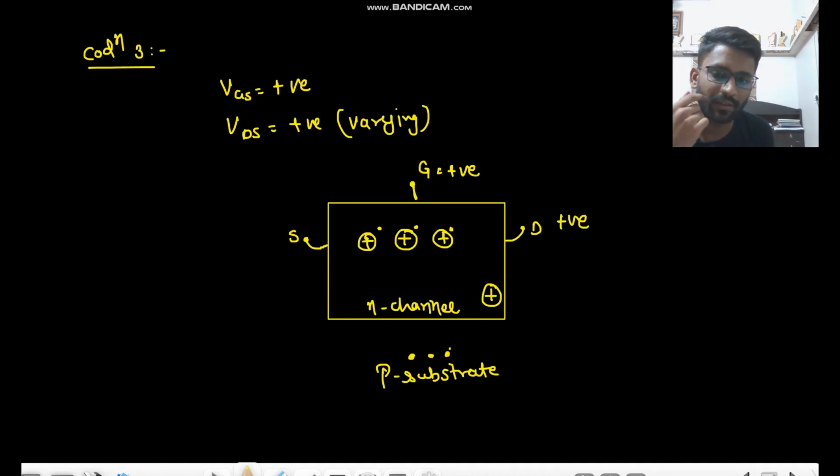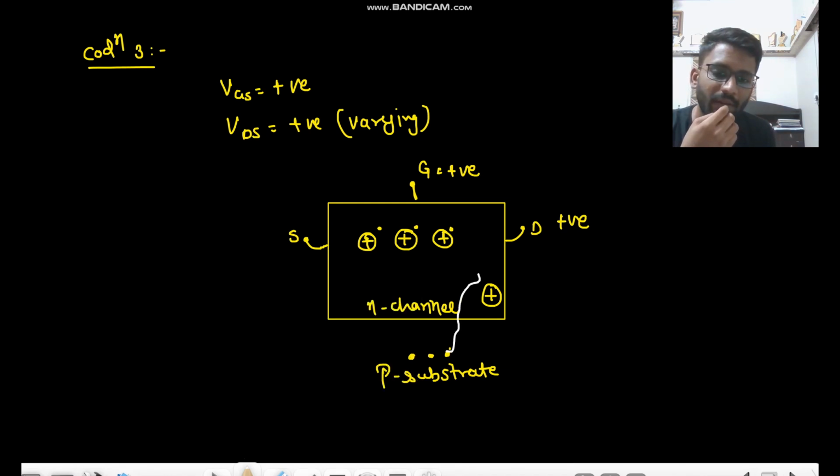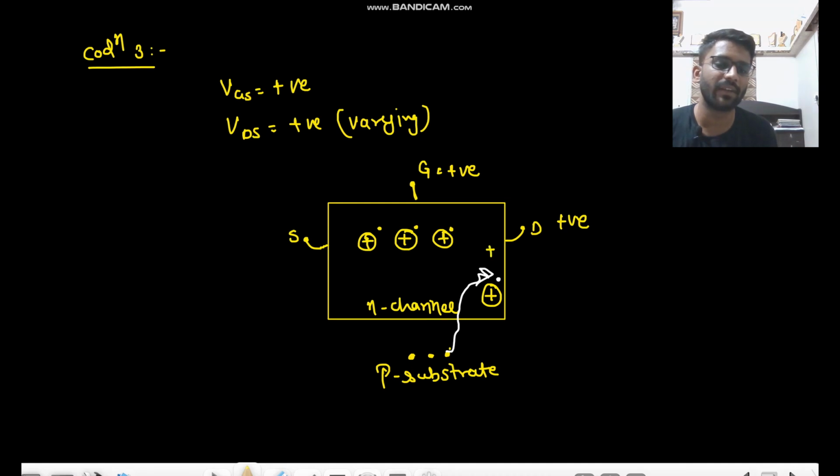Do you get it? By this, there will be many positive ions because of the drain potential, so the electrons will go, and in the channel the majority charge carrier increases.